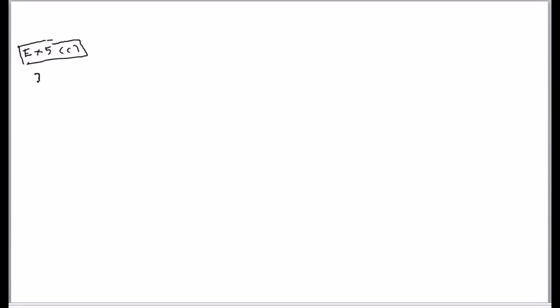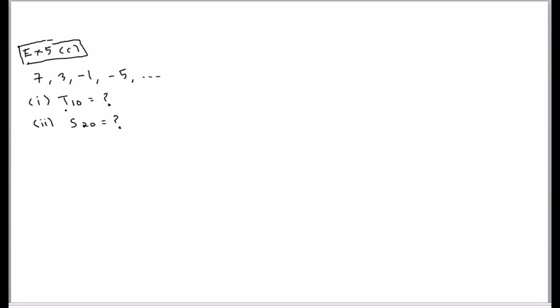Given 7, 3, negative 1, and negative 5 is an arithmetic sequence. Number 1, we want to find the 10th term, so T10. And then number 2, we want to find the sum of the first 20 terms, S20.